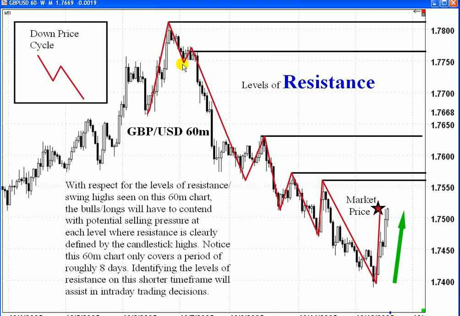We see here price has been making down price cycles, and with each retracement we establish a key high point or a key level of resistance with each retracement. Now, as price here retraces, if it retraces even deeper, it's going to have to contend with these levels.